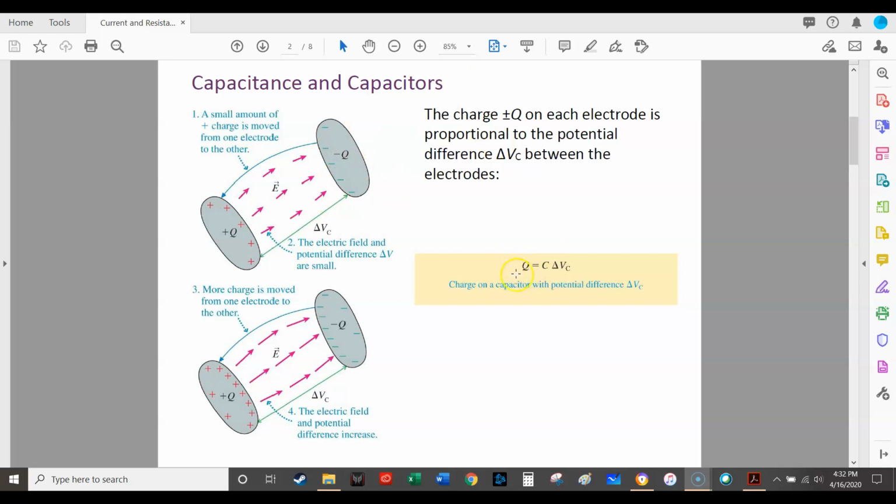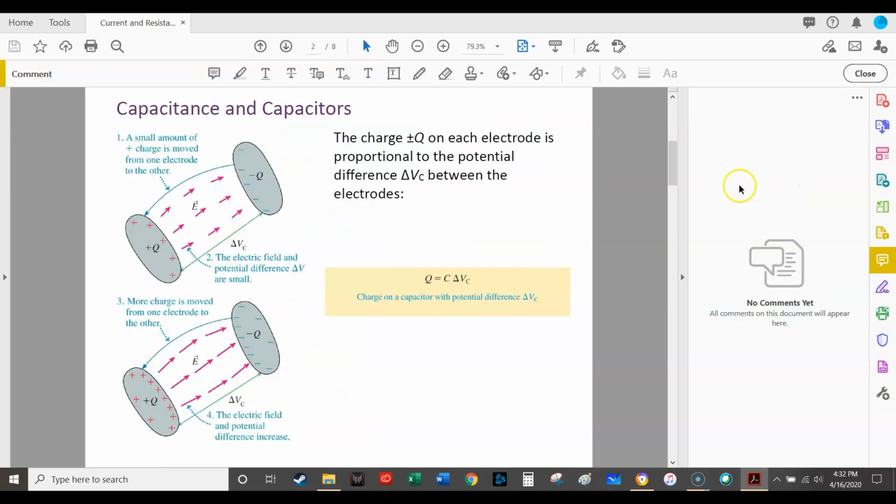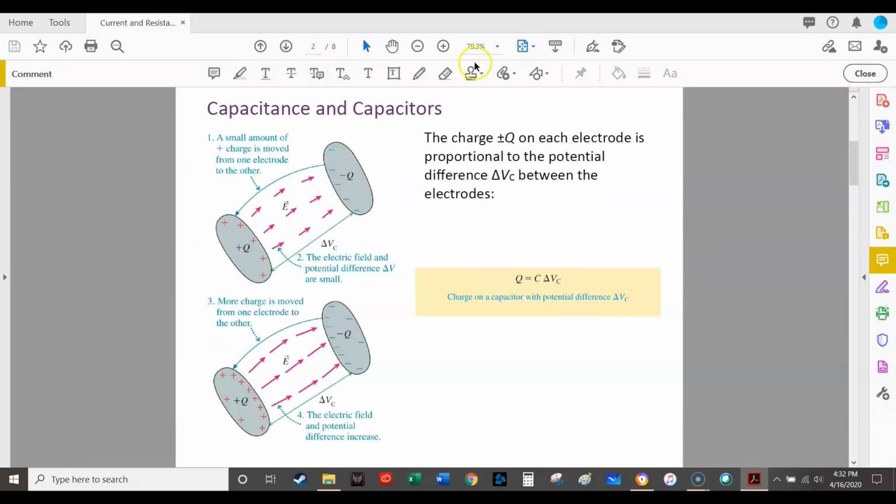So you have Q's, which are charges, and I'm going to mark up this document a little bit. I went to the comments area, and now I'm going to put on a little pencil. Q is charge, and in our worksheets we're going to be using microcoulombs for that.